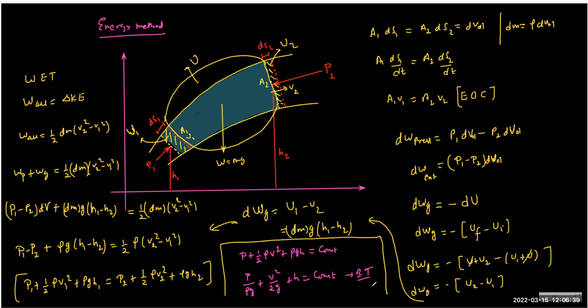P is the static pressure, and that is the actual pressure which lets the fluid move. Whenever there is a difference of static pressure, it will result in a gain of other types of pressure.